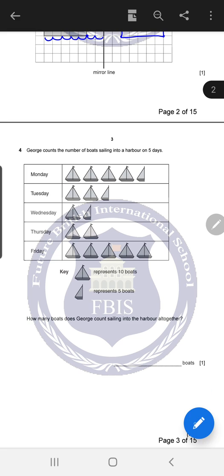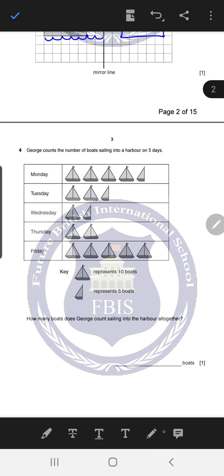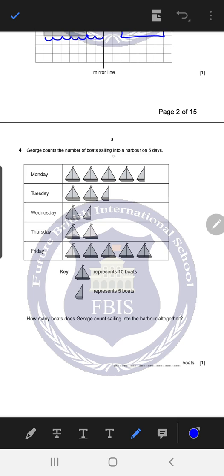Page number 2. George counts the number of boats sailing into a harbor on 5 days. We need to look below first. This is the key. The full drawing of a boat represents 10 boats and the half represents 5.